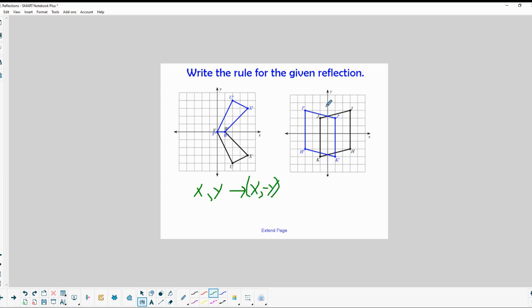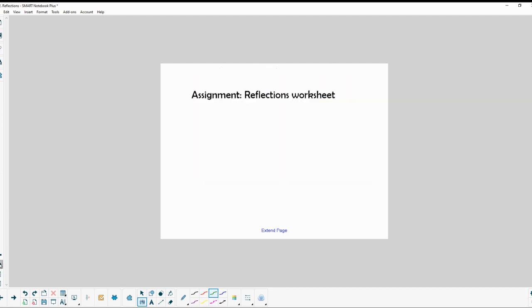And then here we're reflecting across the y-axis. So our original x comma y values will become negative x comma y. And that works for all of these kinds of reflections.